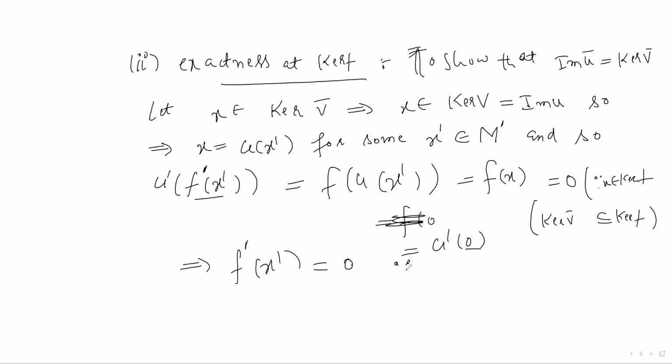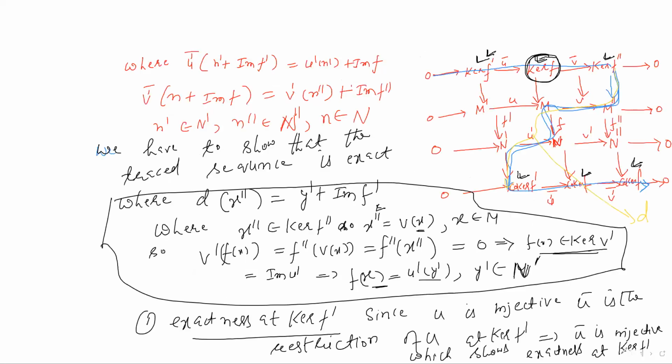This is because u dash is injective. Okay, so this means your x dash belongs to kernel of f dash. X dash is in kernel of f dash.